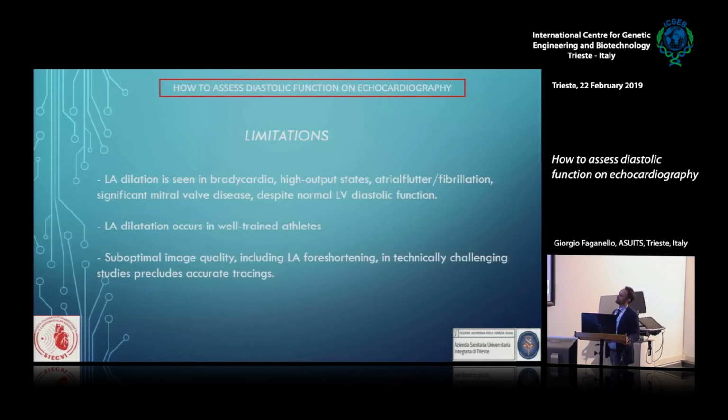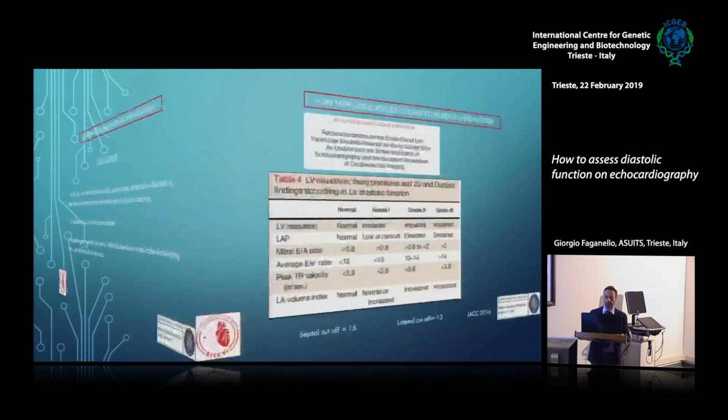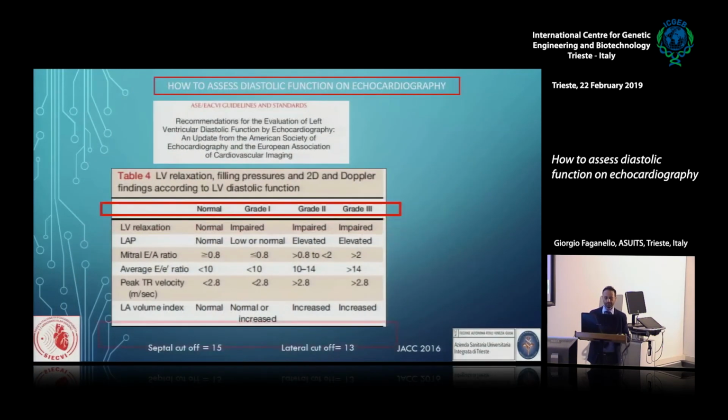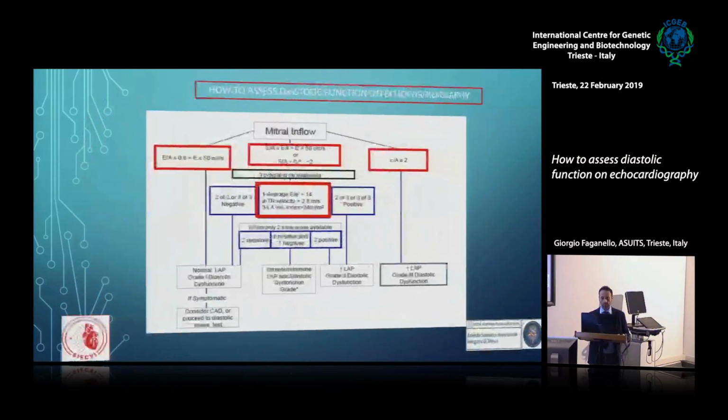And if you are going to measure the LA dilatation, you need to pay attention to LA foreshortening. In the current guideline, if you have diastolic dysfunction, LA volume will be increased. So this is what we use.